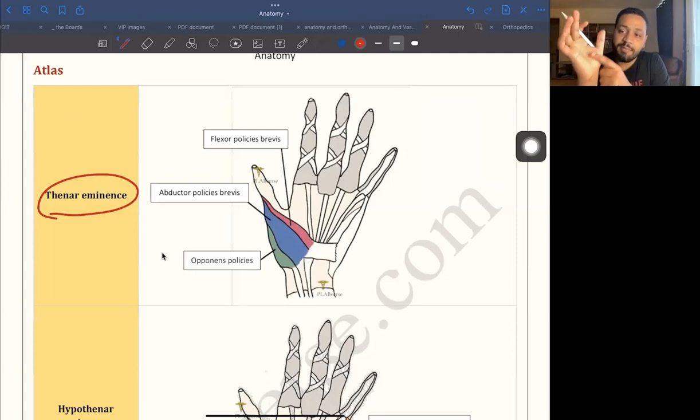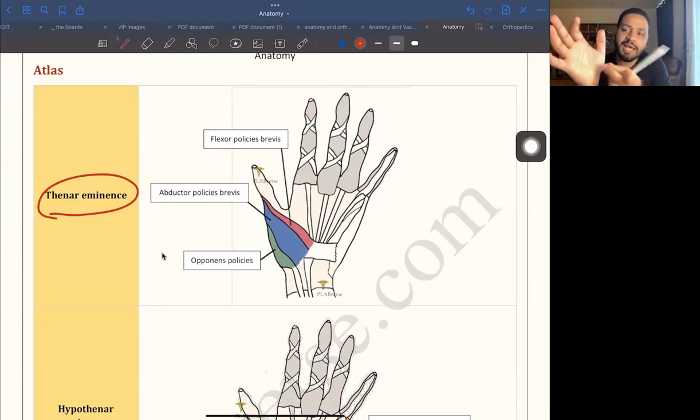Obviously, all of them here, at the base of the thumb, the thenar eminence, will be muscles going to the thumb, which is the pollicis, all right? So number one, opponens pollicis. This is the muscle that does this movement to the thumb. Also you have abductor pollicis brevis and flexor pollicis brevis.